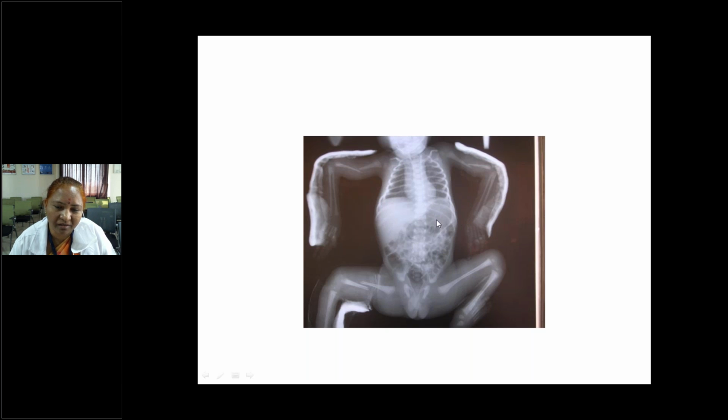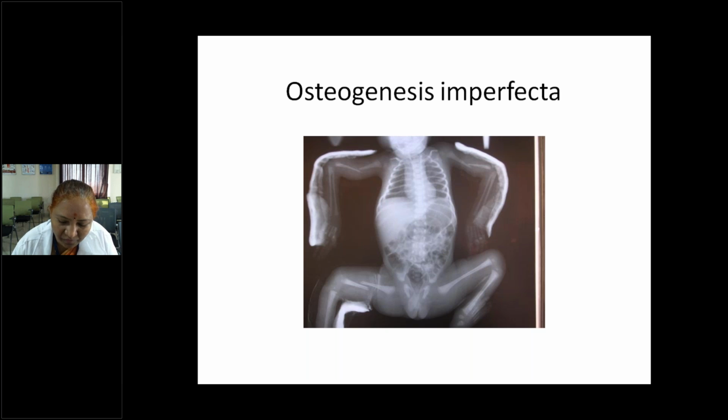In an infant, this is mostly seen in case of osteogenesis imperfecta. It's a genetic syndrome where blue sclera is also visible, and they have fragile bones, so multiple fractures will be there. But whenever it is there along with bruises, we also have to suspect battered baby syndrome.